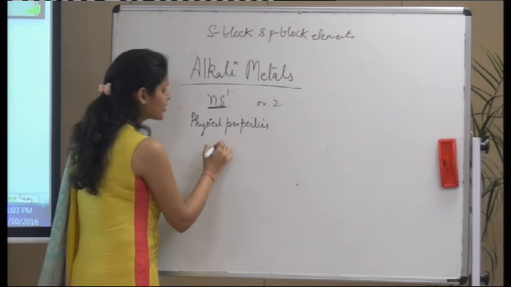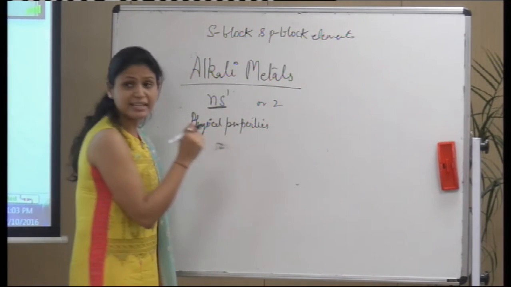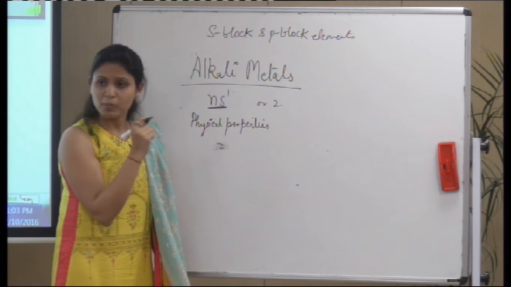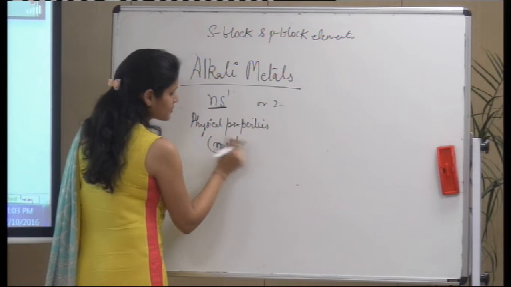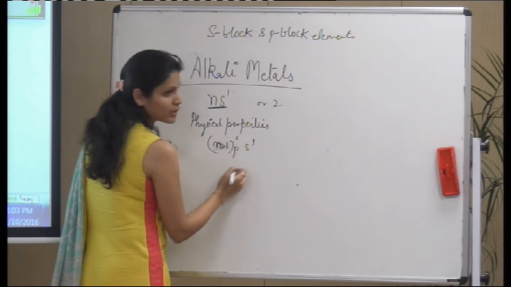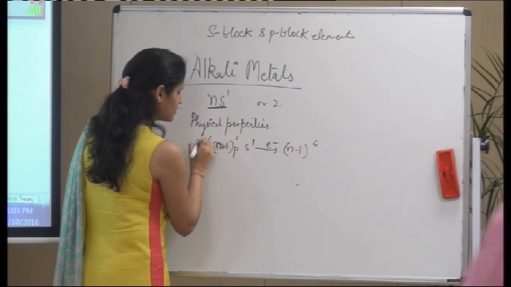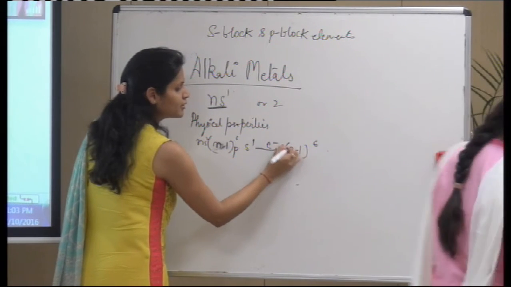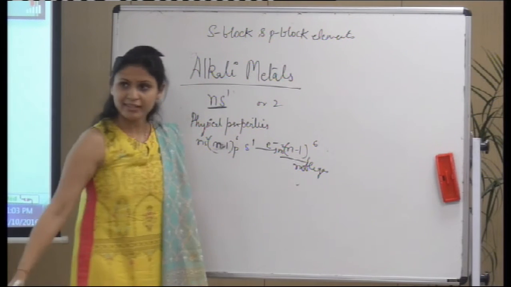One. After losing one electron, it will attain a noble gas configuration. That means if this is (n-1)s2 (n-1)p6 ns1, after losing one electron, it will become (n-1)s2 (n-1)p6, right? It will attain a noble gas configuration, which is difficult to break, right?